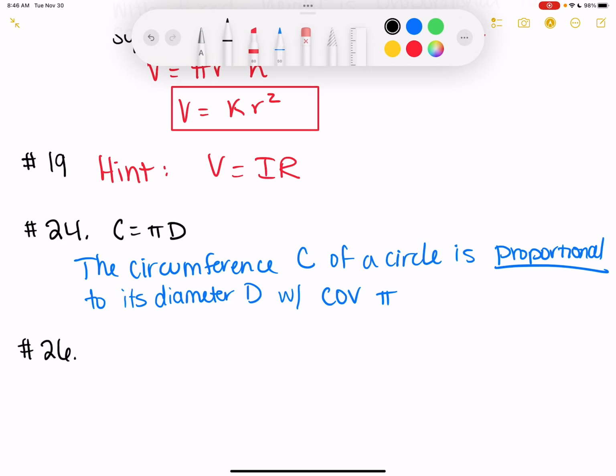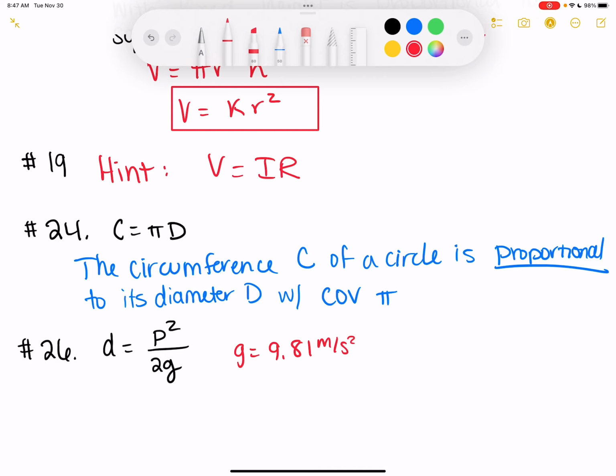26. D is equal to P squared over 2G, where D is the distance traveled by a free-falling object dropped from rest, P is the speed of the object, and G is the constant acceleration due to gravity, which we had mentioned the other day, but G is equal to 9.81 meters per second squared.